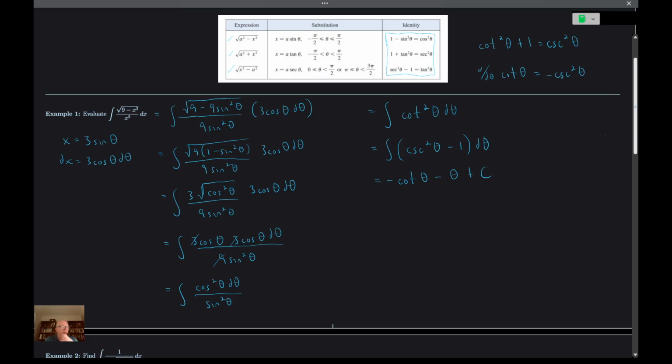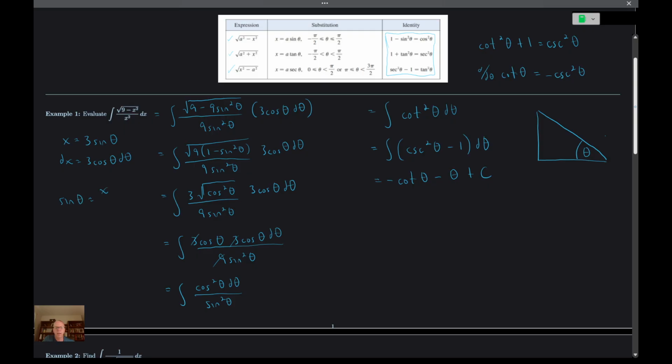Okay, so now we need to do the back substitution. So now we have this, and that is not helpful immediately with cotangent. So the way we're going to do this back substitution is to draw a triangle. Draw a right triangle, put theta in either one of these angles. Now we know that sine theta is x over 3.